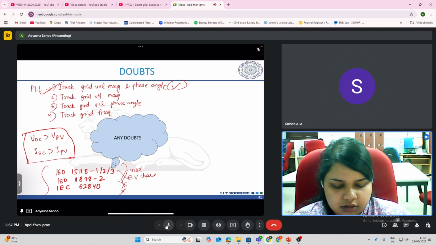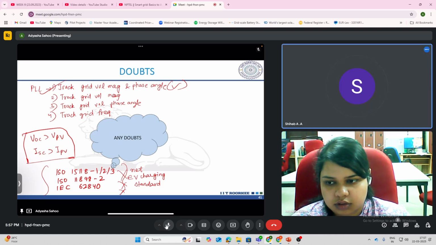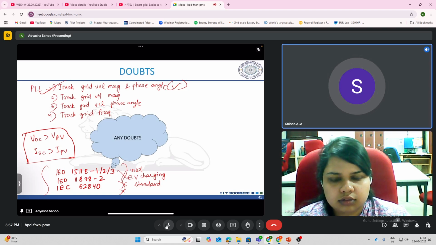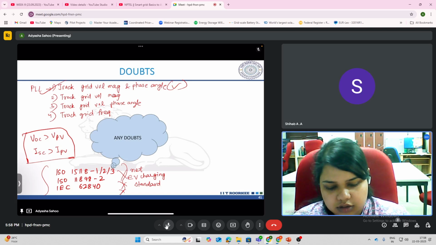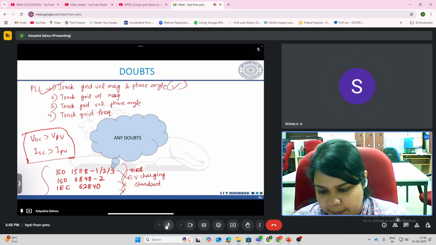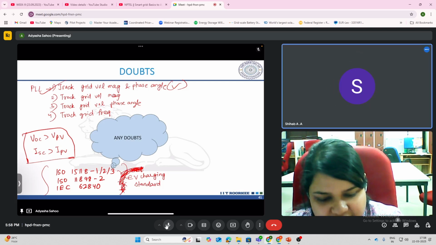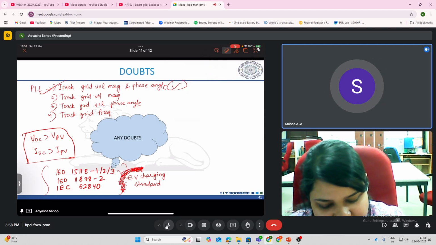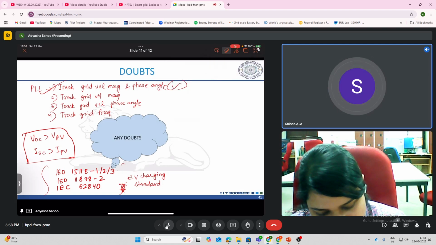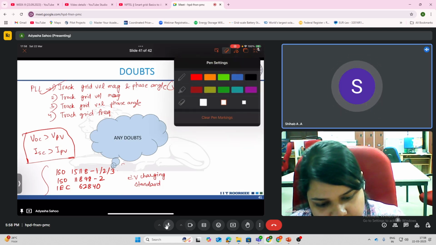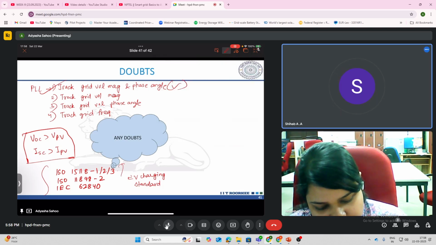So if anything except this is there, it is correct, or otherwise none of this will be the answer. No, these are not the EV charging standards. Oh no, these are the standards. Sorry, sorry. These are the standards. Sorry. Yes, yes.